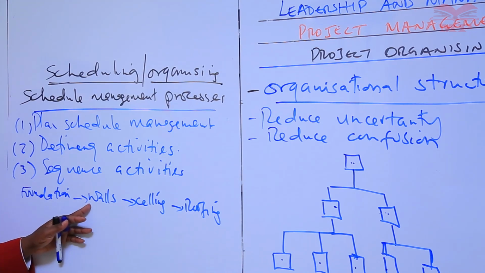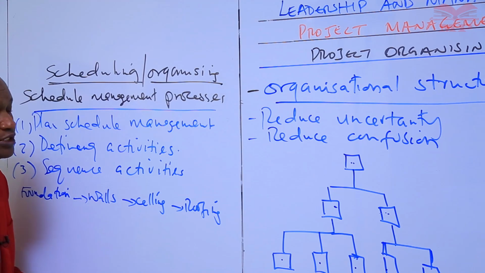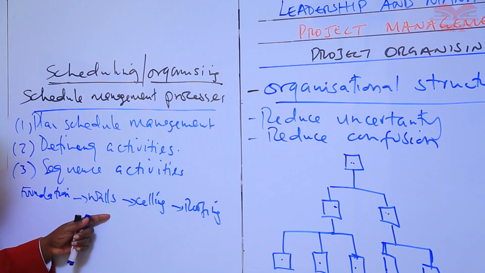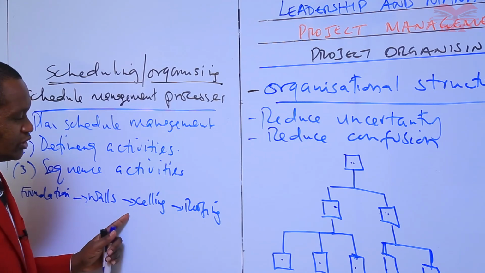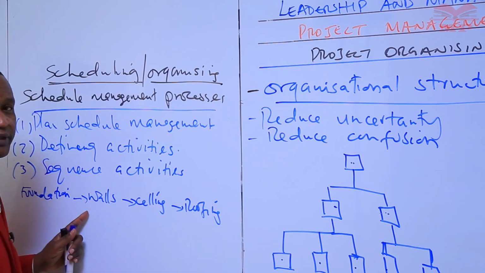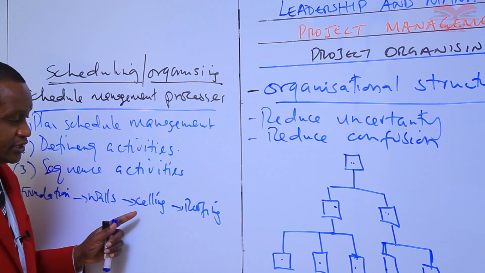So sequencing can be performed by using project management software, or it can just be done manually, the way I had started doing here. This is a simple way to illustrate, but building can have many other activities other than the three that I've indicated here.